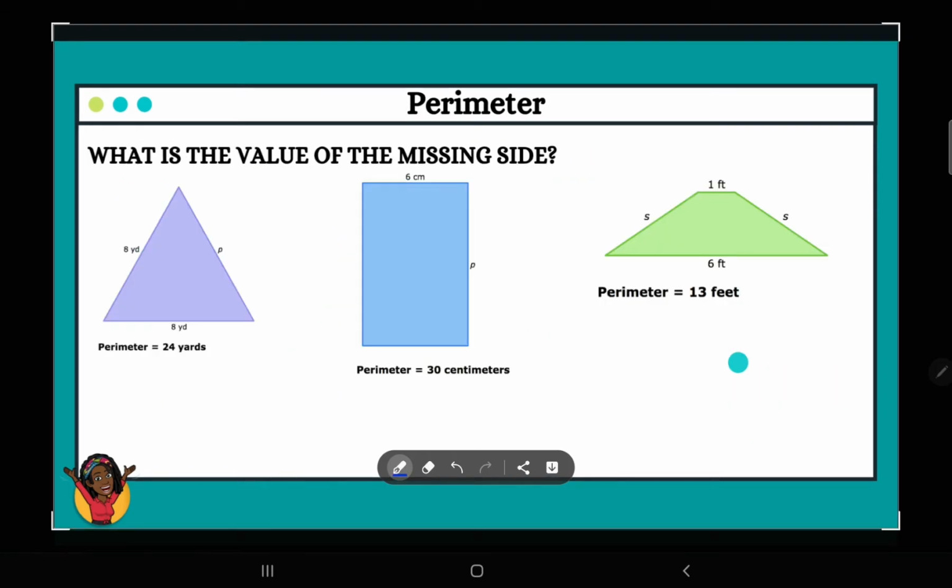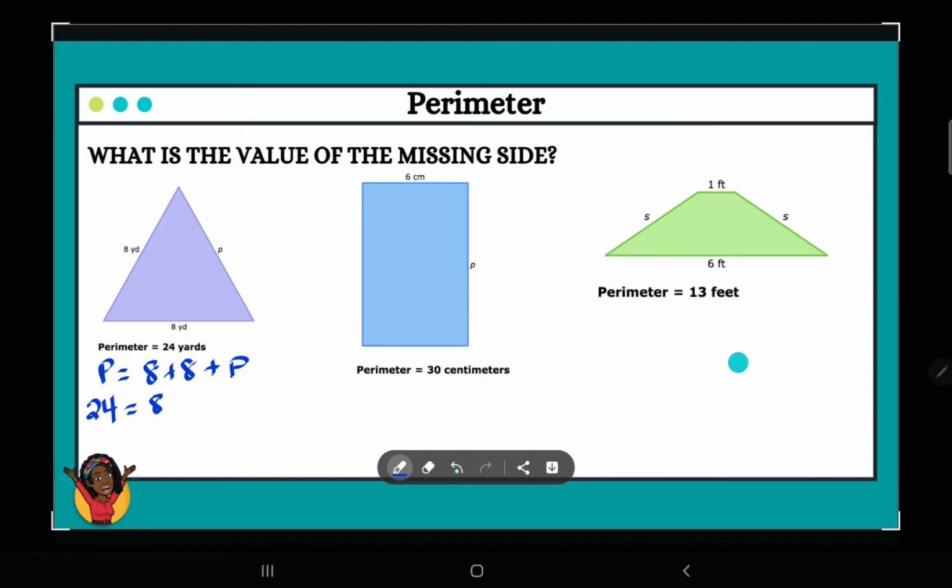Now let's take a look at some examples where we're given the perimeter and being asked to find a missing side of our shape. So here we have our triangle. Perimeter is equal to 8 plus 8 plus P, and it tells me that the perimeter is 24 yards. So I'm going to replace my variable P that represents perimeter on this side with 24.